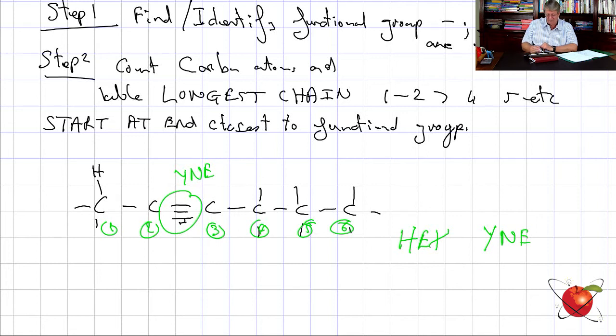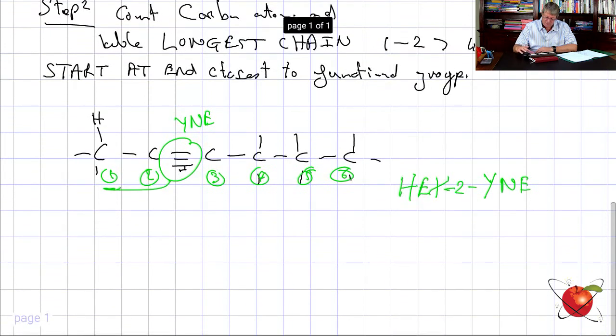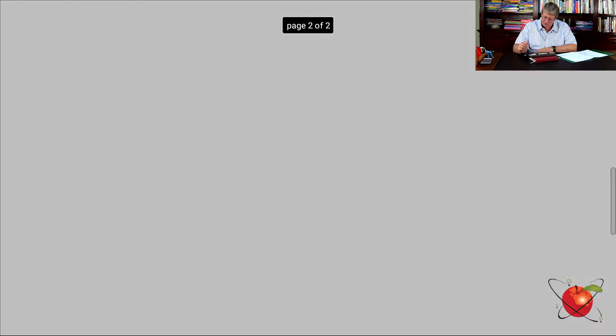Can you see I labeled it from here, because that was the end closest to the triple bond. Now I have to say where it is. It's on number 2. So that's very straightforward indeed.